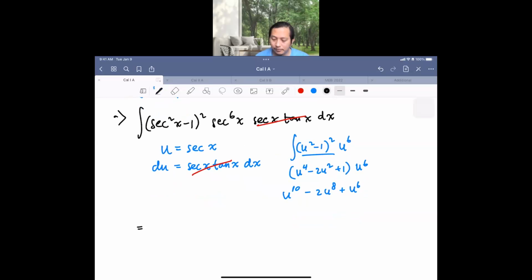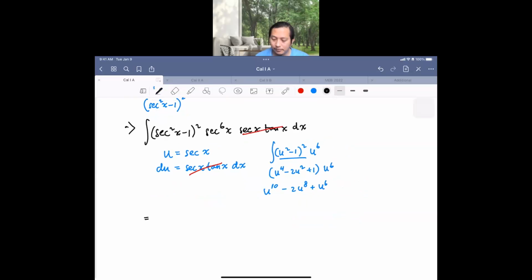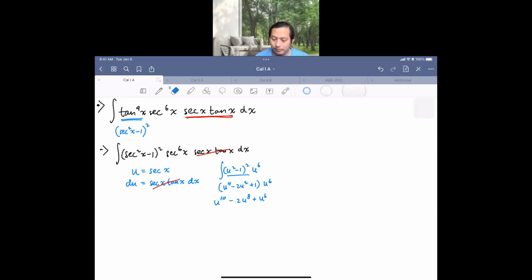And this becomes, let me write to the right side, 1 over 11 secant 11x minus 2 over 9 secant 9x plus 1 over 7 secant 7x plus c.